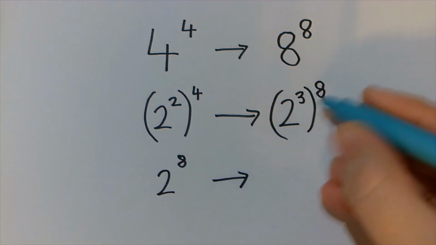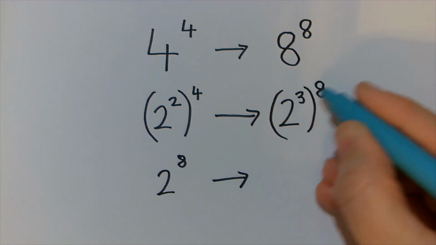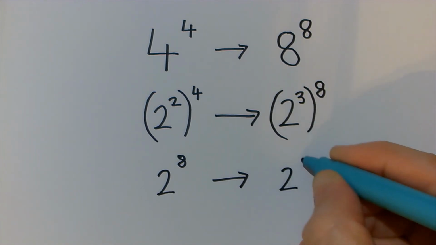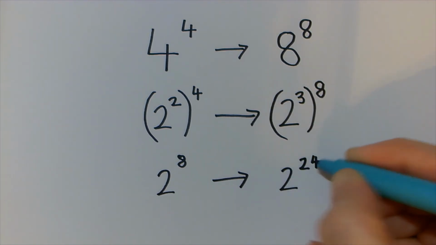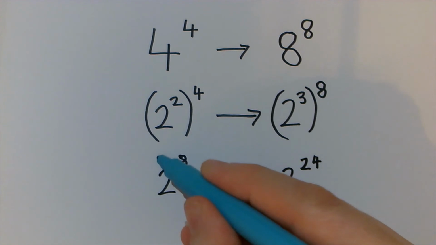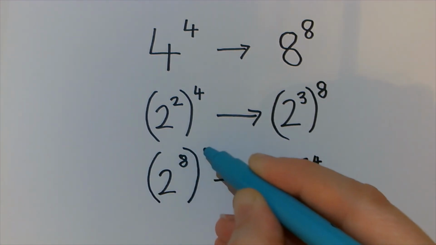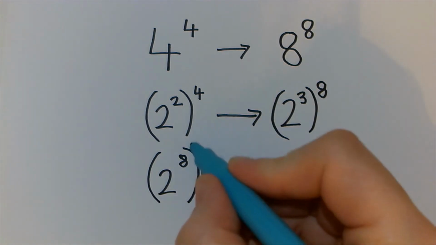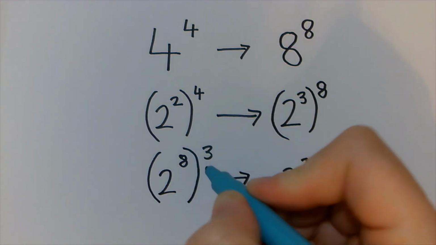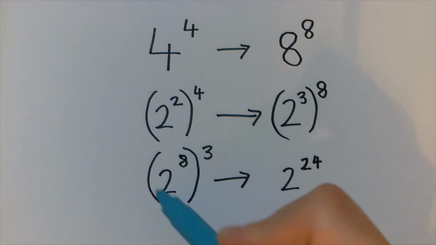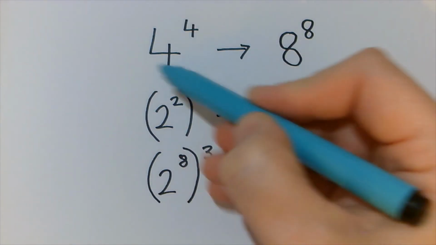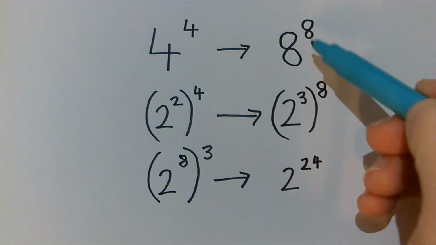How do we get to 2 to the power of 24? Right, well actually, if I've got this, 8 times by what gives me 24? The answer is 3. So my question said, to what power should we raise this to get to this?